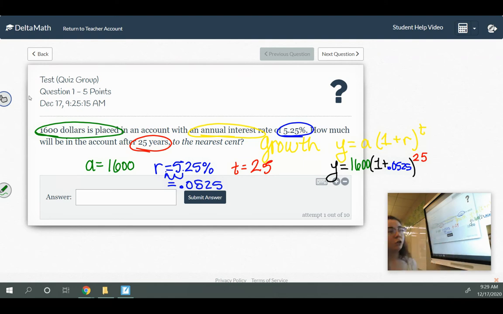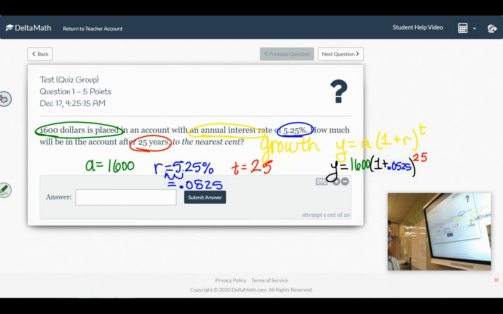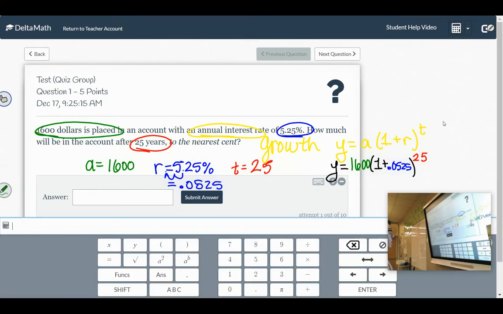You can either use your calculator that you have on your Chromebook to type this in, or you can use the handy little calculator right up here on Delta Math. When we use this calculator, it's going to look maybe a little bit different, maybe a little bit the same. So we're going to use our keyboard here and type it in just like we have been. We don't need the y equals portion of our equation because the calculator doesn't know what it means to have a variable.